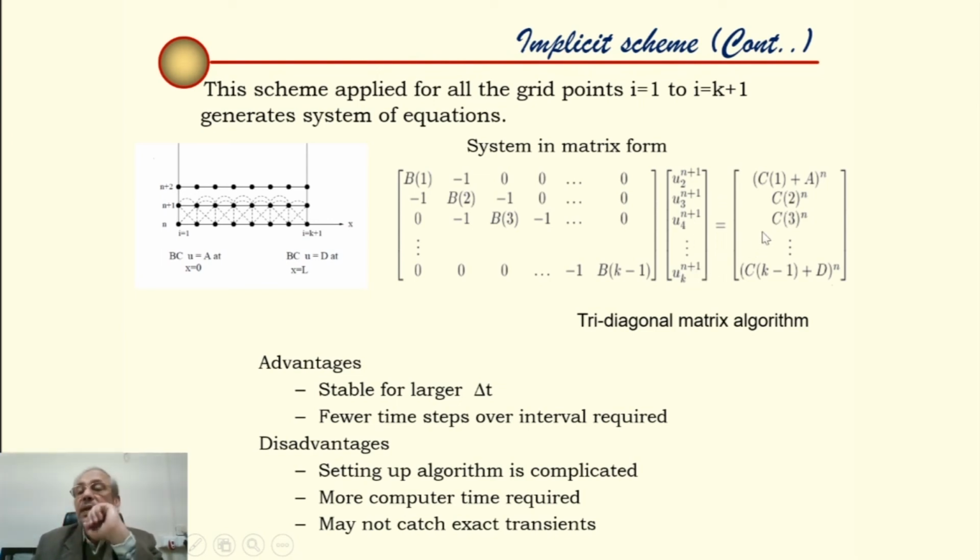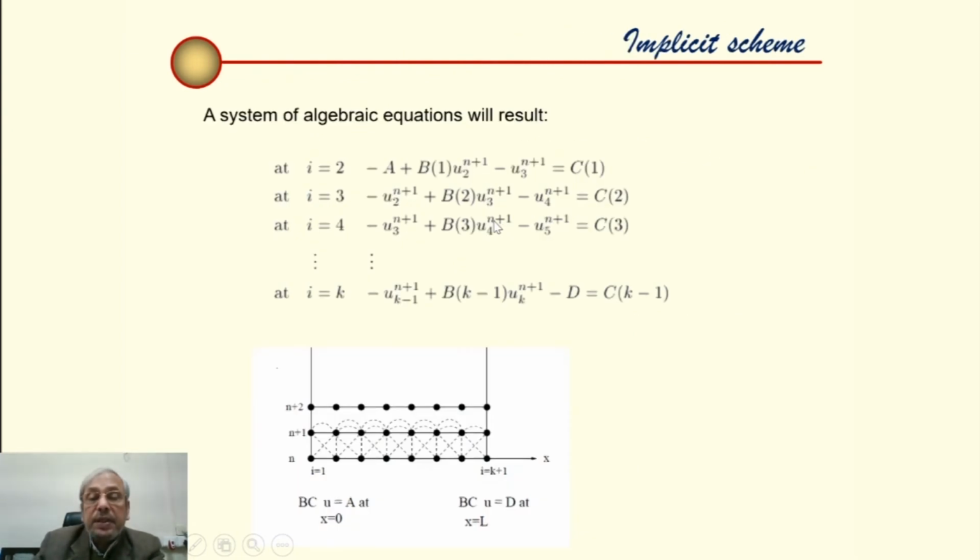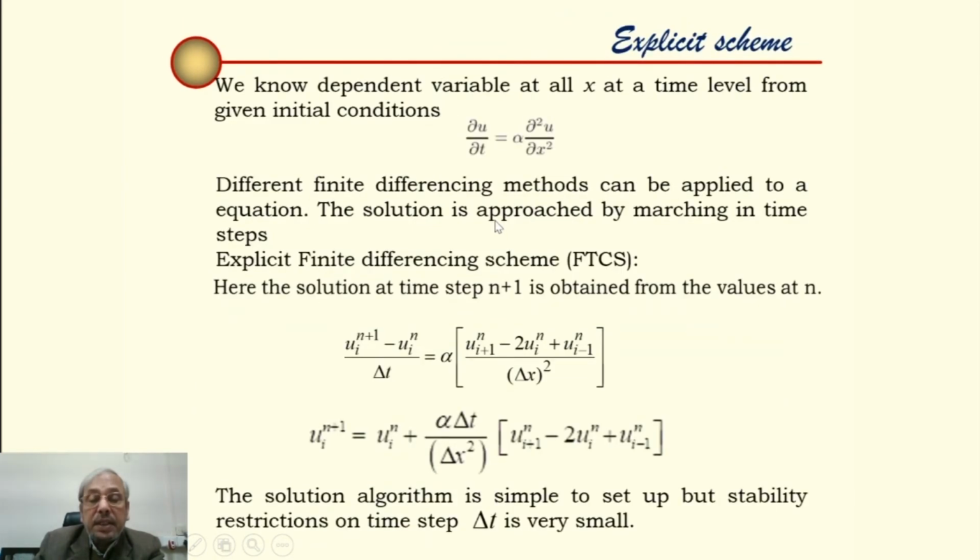So this is called, as I said, the Crank-Nicolson implicit scheme, and we can understand its difference from the explicit scheme.